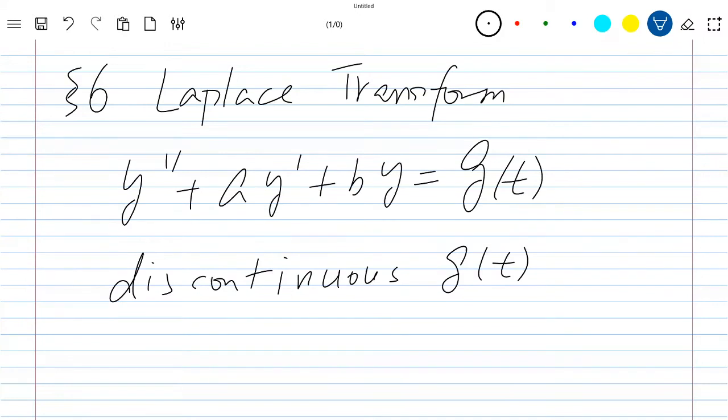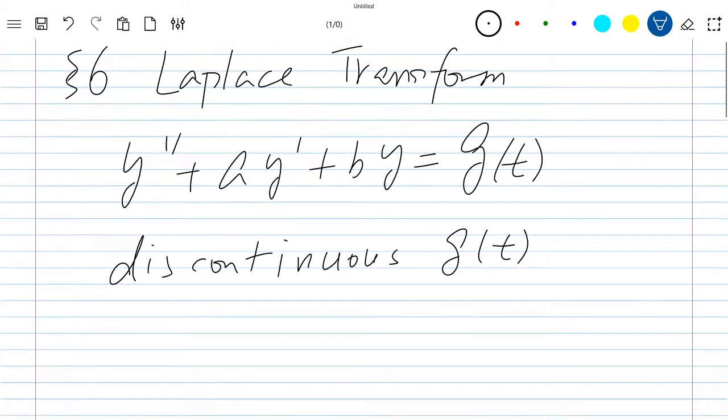Remember, if we solve a discontinuous g, then we have to solve it segment by segment, using the end condition of one segment as the initial condition for the next segment. Using the Laplace transform, we can solve the whole equation, including the initial condition, with one big step to get the direct solution.